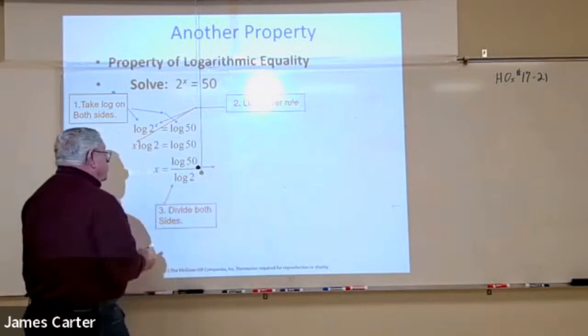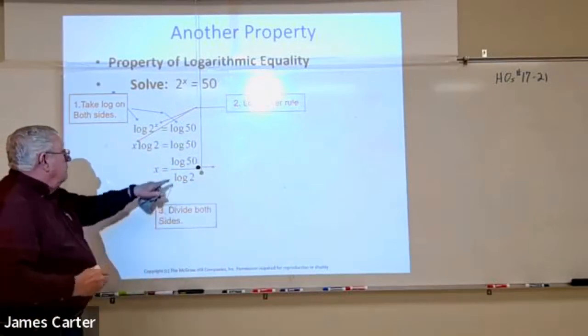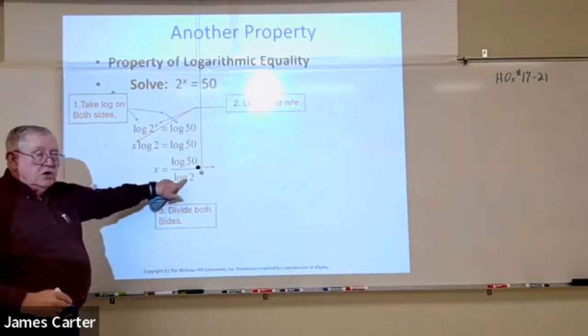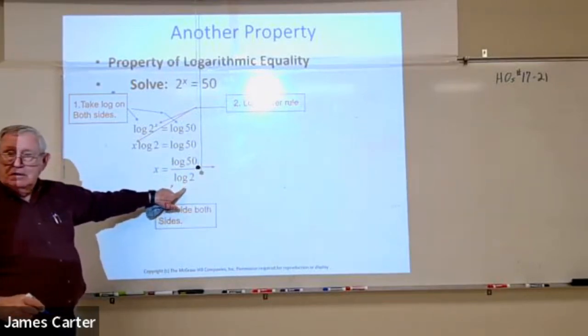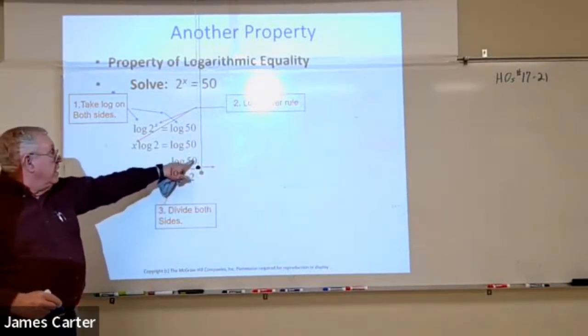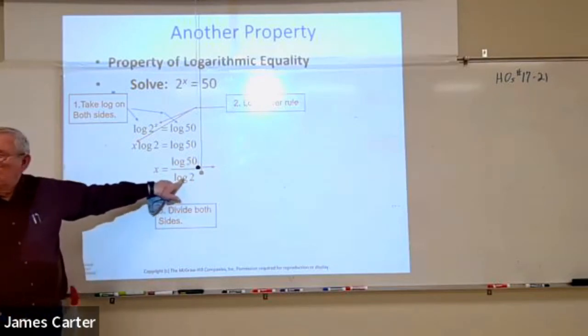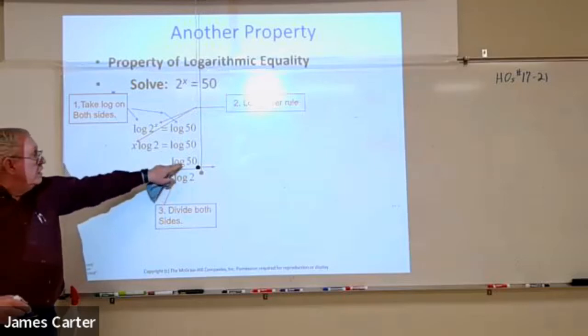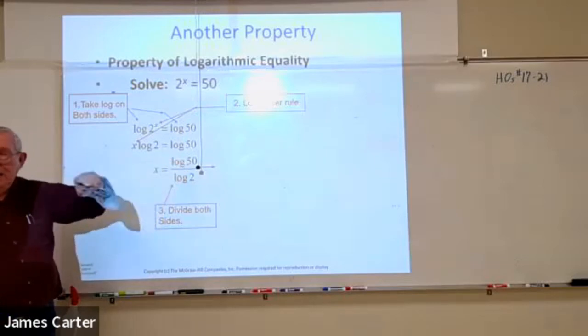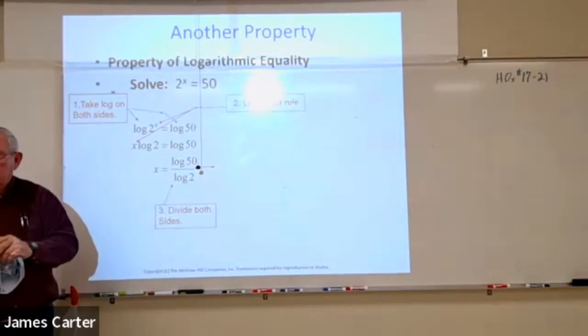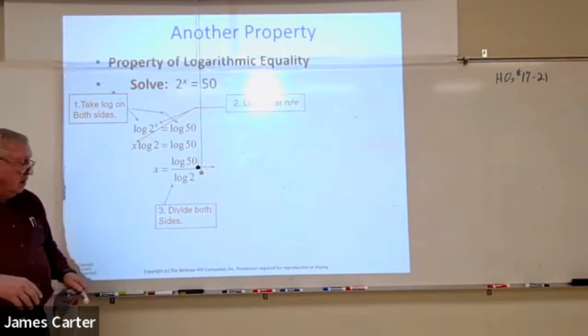Nope. Can't use the properties on this because these are 2 totally separate logs. You can't have this minus that because these have their own logs. That's only if you had log of 50 over 2 as a single term.